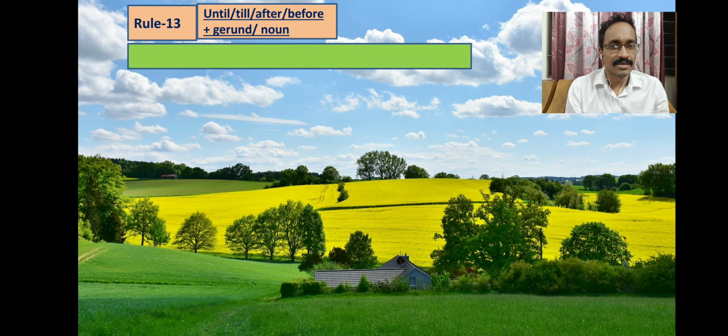In a simple sentence, the first one you see, a simple sentence may start with until, till, after, before, and after that there may be a gerund or a noun. So students, you know what is a gerund. A gerund is basically a noun that originates from a verb, and we get a gerund by adding ing to a verb, and it functions basically as a noun.